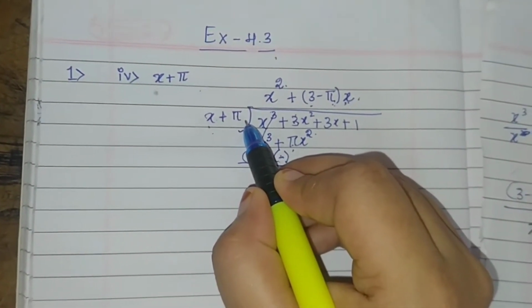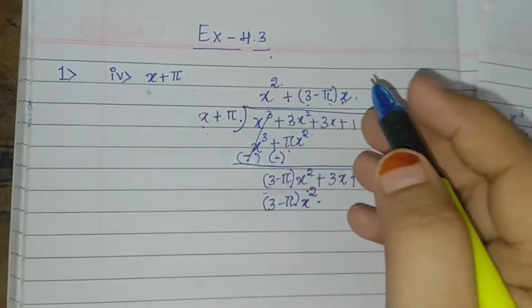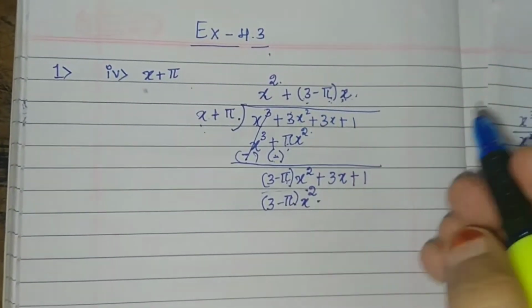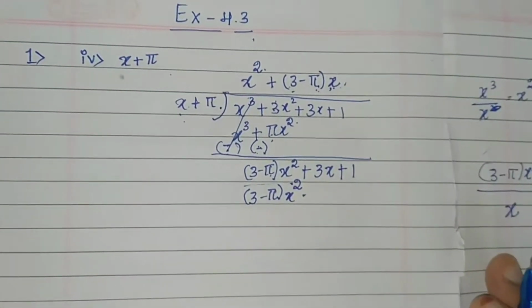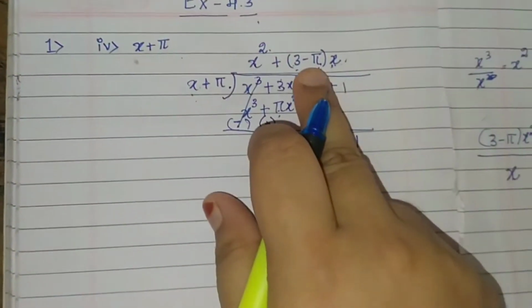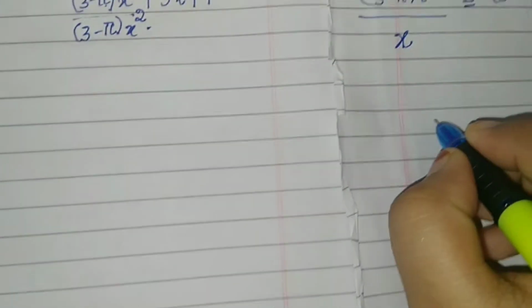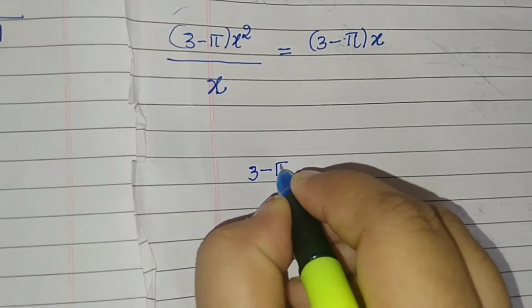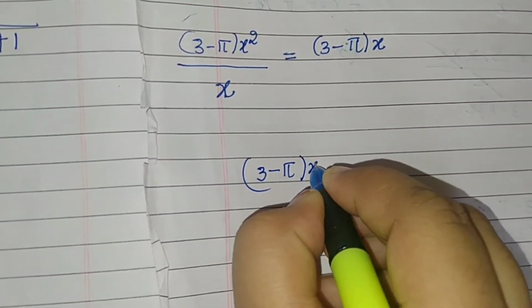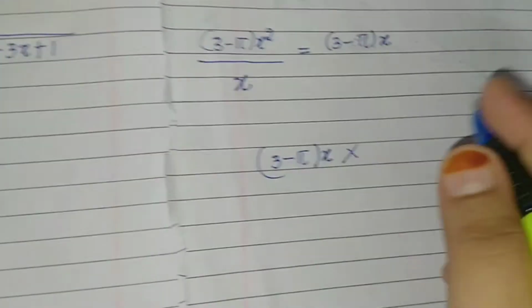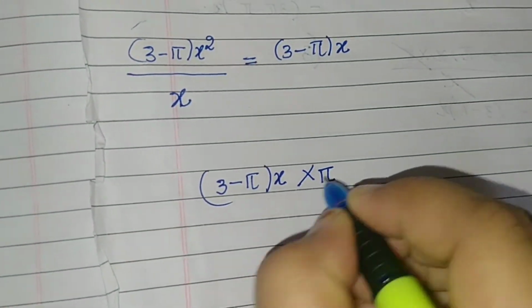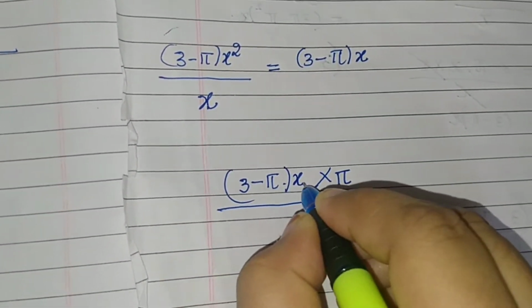Okay, so now here what you can write? See, here I'll separately multiply this. The second term of the quotient is nothing but 3 minus pi into x, into the second term of the divisor, which is nothing but pi. Now x I'll keep as it is.